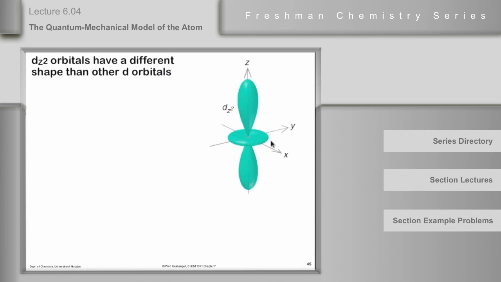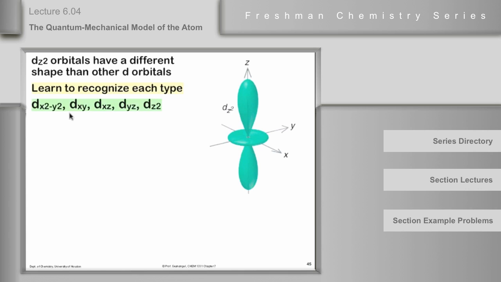And this torus of electron density is in the xy plane, and the 2 lobes that go with it, all part of one orbital, are along the z-axis. So learn to recognize each of the 5 d orbitals so that you can pick them out in the lineup if you need to. Here they are with their symbols.